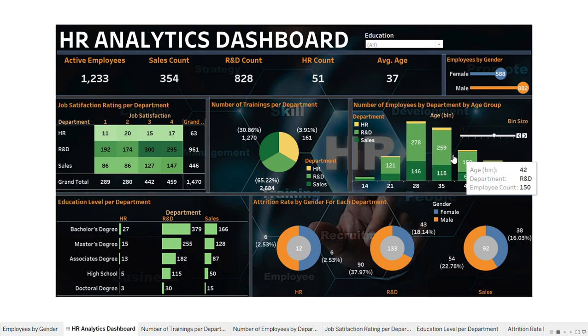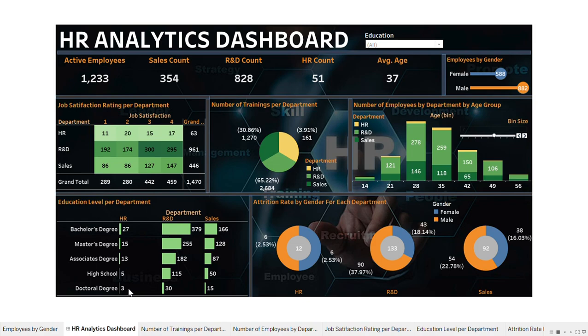So the dashboard is also able to visualize the education level per department. In other words, you want to know how many employees have attained maybe a master's degree per department. You'll see that in HR's department, 15 have the master's degree, 255 in the R&D department, and maybe 128. And then how many are doctors?